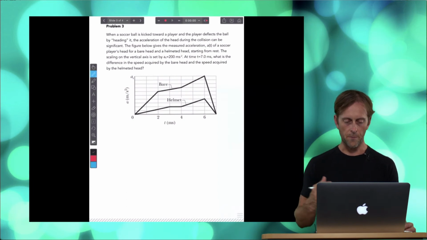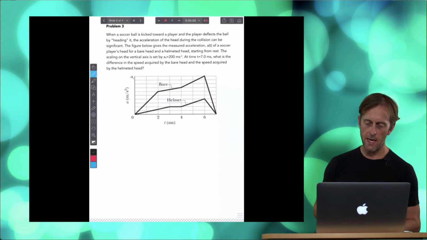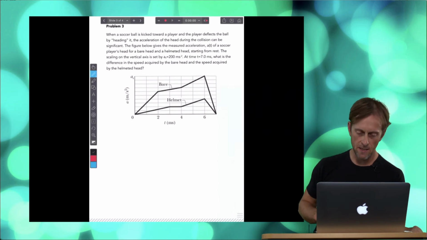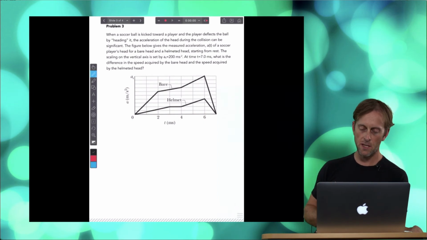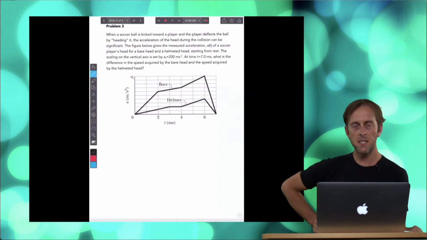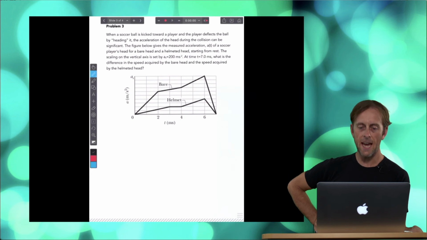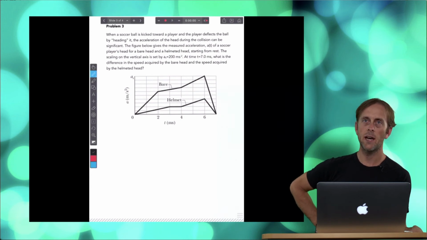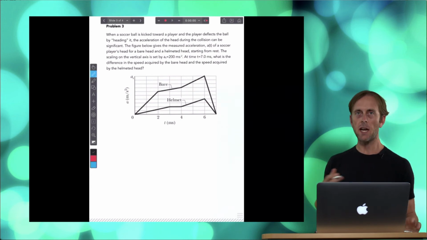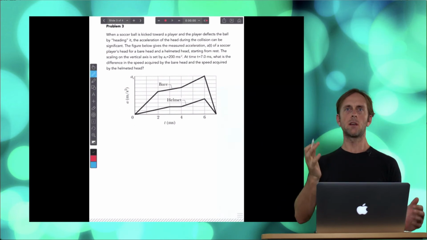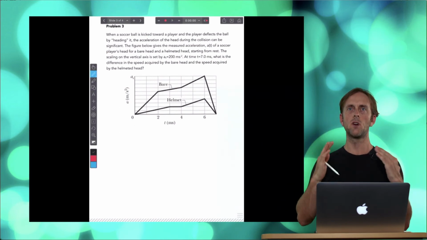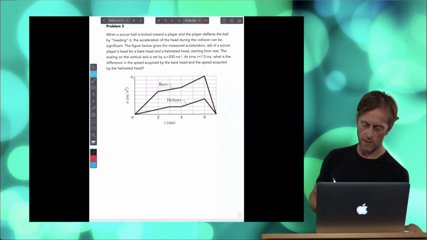When a soccer ball is kicked towards a player and the player deflects the ball by heading it, the acceleration of the head during the collision can be significant, and these are the graphs of that as a function of time. You can see the time in milliseconds on the bottom scale there. It measures the acceleration of a soccer player's head for a bare head and a helmeted head, and starting from rest, so the ball hits the head and something accelerates the head, we want to see what happens to the velocity of the head by doing the integration of this graph.